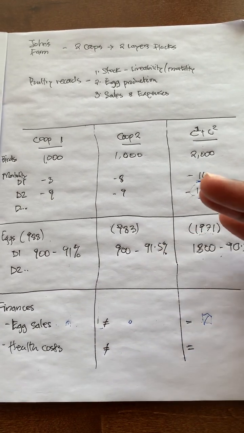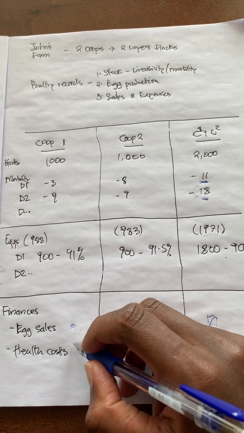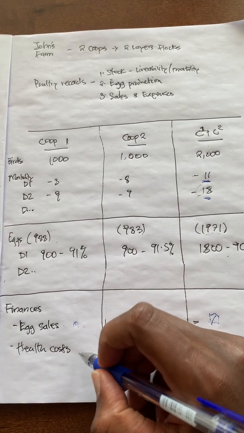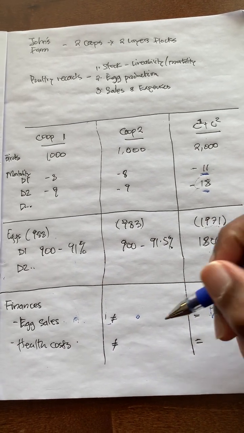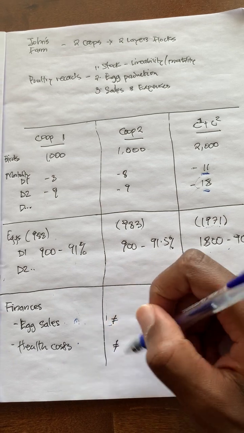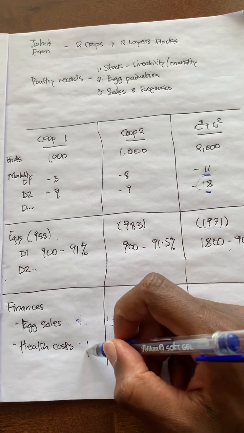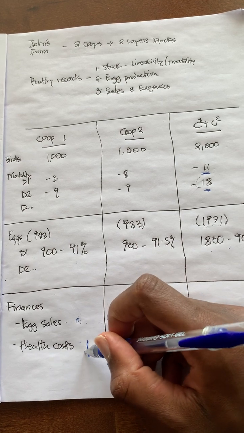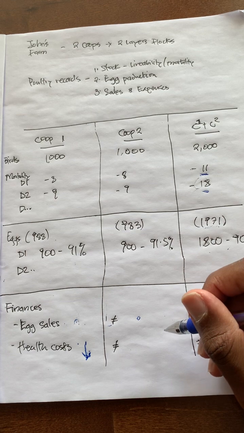We can't actually compare. And again, let's say in one coop we have had some health issues, so we have had extra health costs. So if we would keep the records for each coop separately, it would be very easy for us to track, this coop had an extra health cost, and we would know the reason in our records.